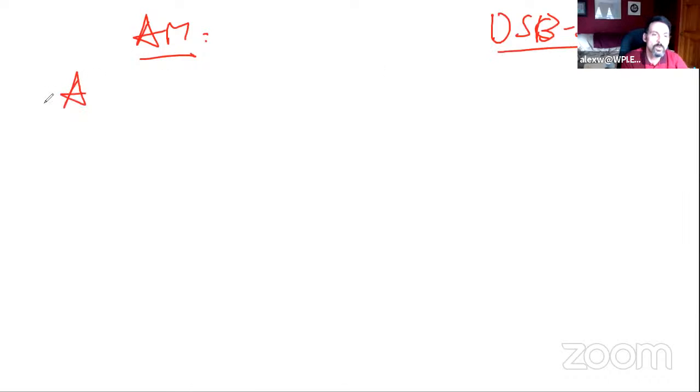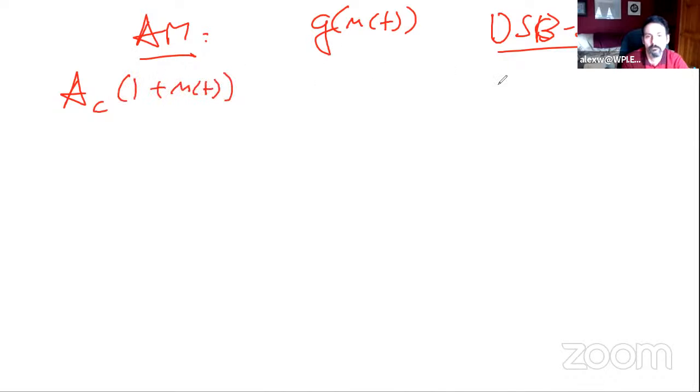So here we've got the AM expression, and here it's just that. Now what I would like to do is Fourier transform it.